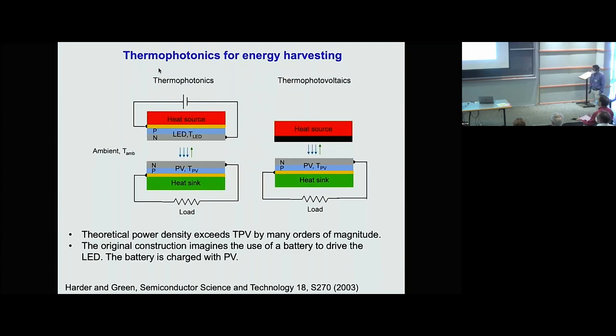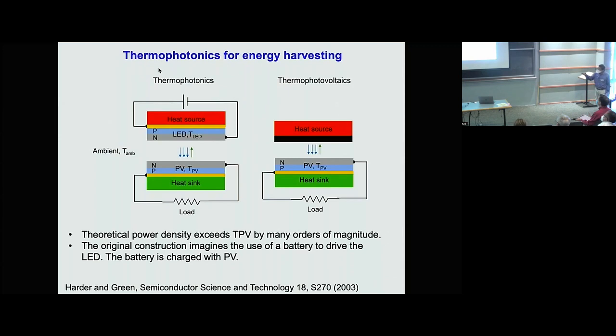And so the natural question that will arise is, instead of doing so, can you just directly connect the photovoltaic cell to the light emitting diode so that you can directly use the photovoltaic cell to drive the LED in order to achieve a thermophotonic circuit? And we call that a self-sustaining thermophotonic circuit.